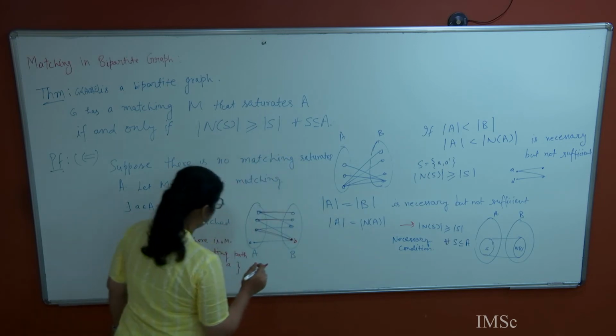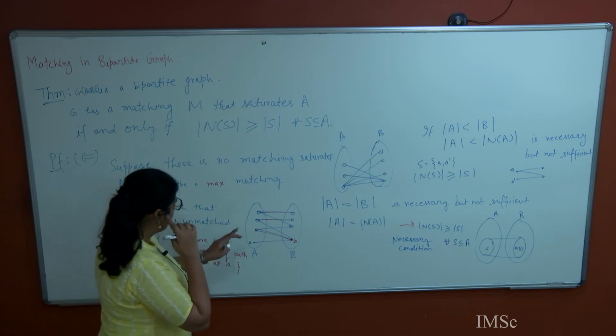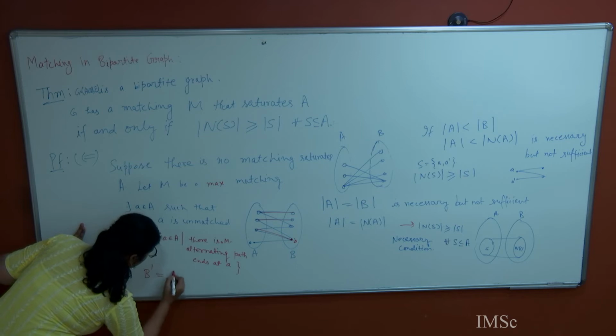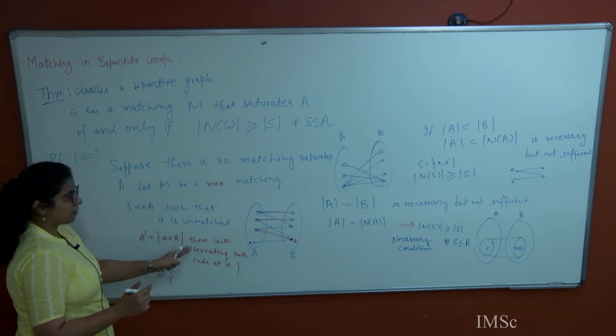Now let's define B prime as well. B prime has all those elements which are contained in some of these paths.